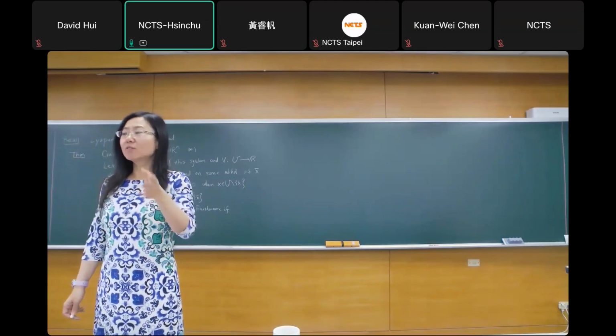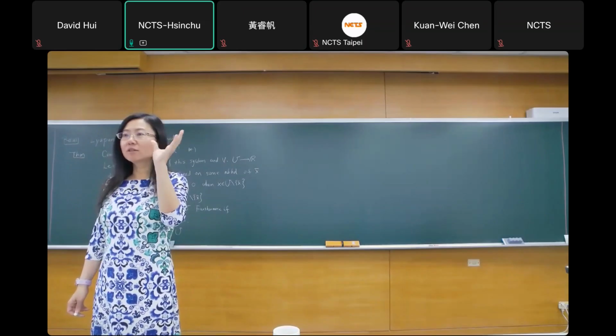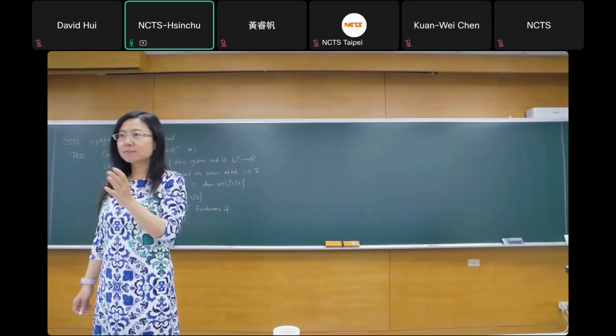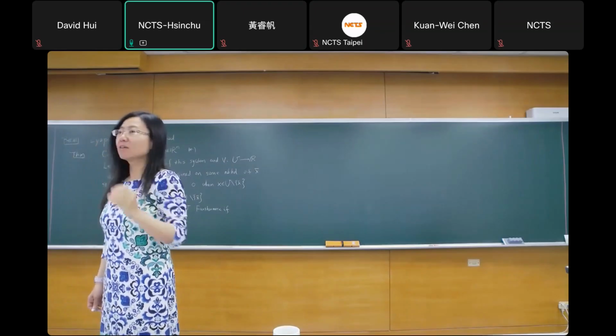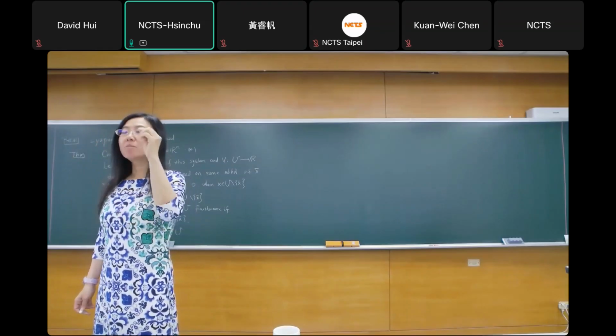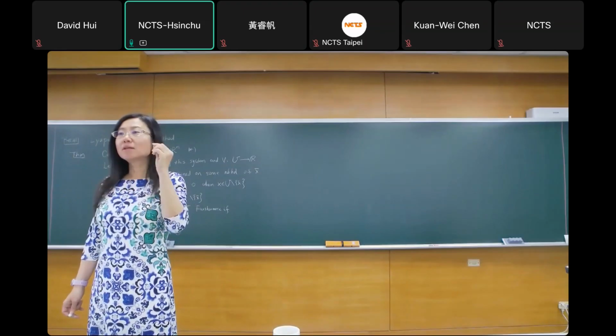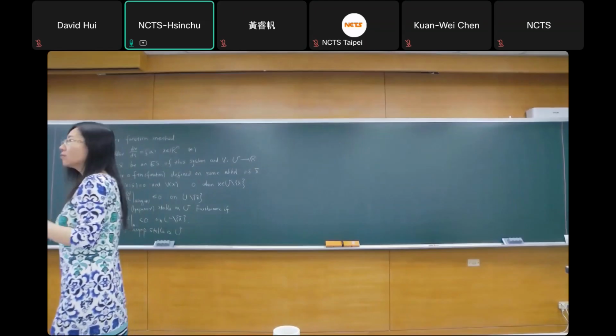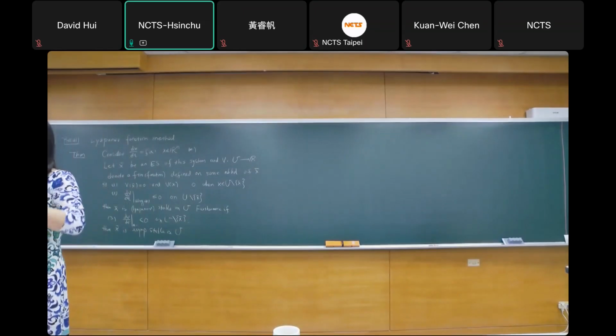For this function, first of all, it is going to be non-negative. This 0 is really a mathematical simplification. This function is only going to be 0 at your fixed point. All the other places will be above 0.